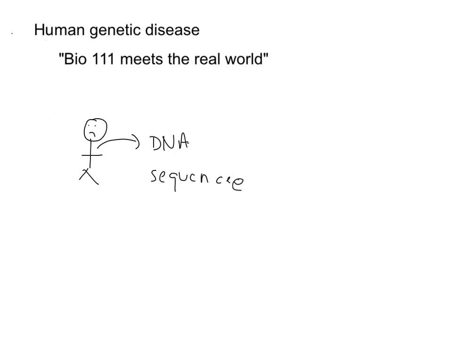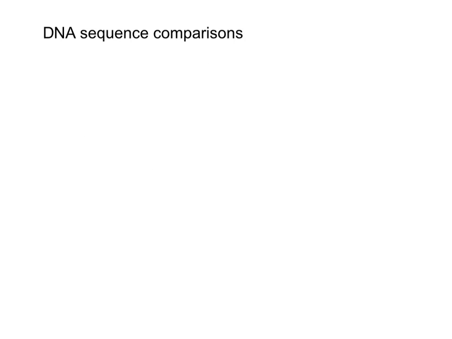Well, certainly looking at the sequence of one person isn't going to be enough. You're going to have to do a whole lot of comparisons. And we'll talk about that in the next pieces. So certainly you're going to need to compare the DNA from more than one individual. Perhaps you'd like to compare a healthy individual with an individual with a disease.